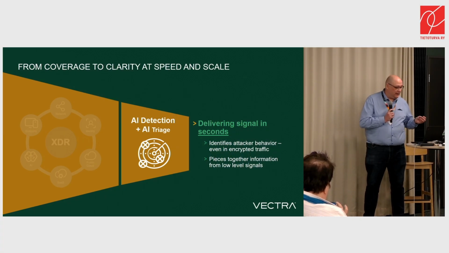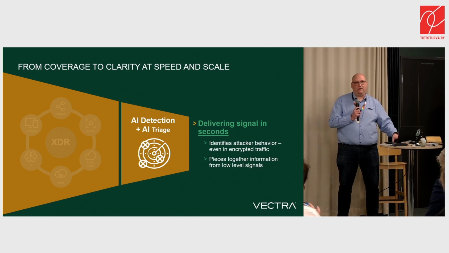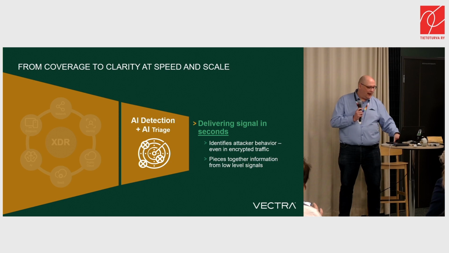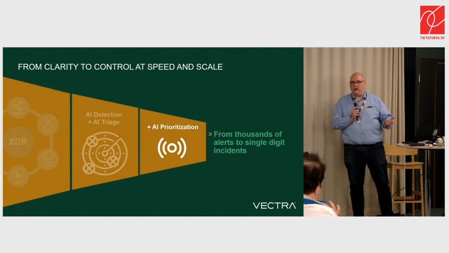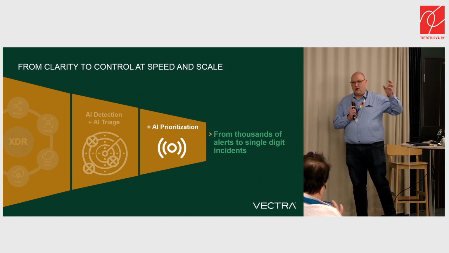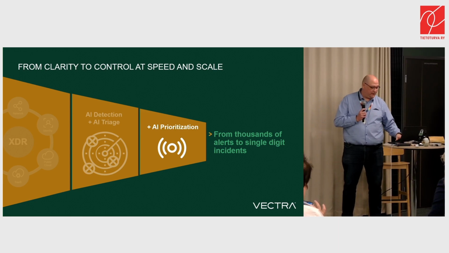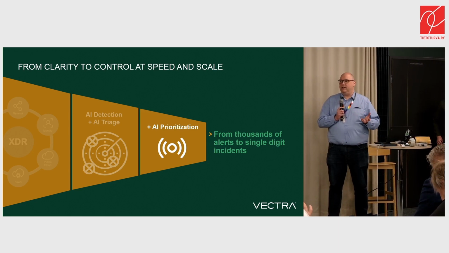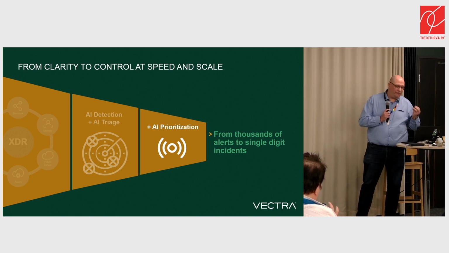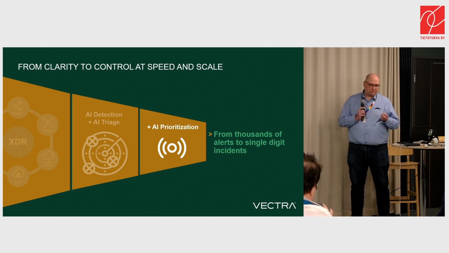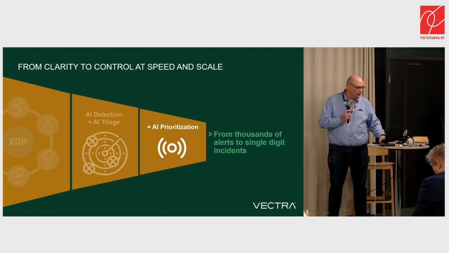The really important part is that AI triage is saying this is not important. That's the key with the AI triage. With the AI prioritization agent, we focus on which detections on which entities, accounts or hosts, are really important, and these are the ones you need to focus on. So this is where the tool does the work of a SOC analyst for you, and this is what we see delivers a lot of value for a lot of organizations.